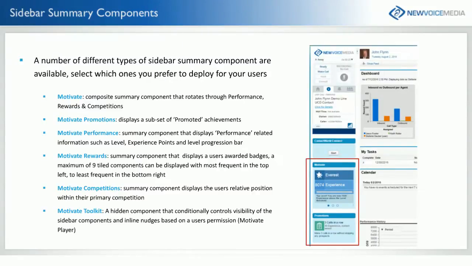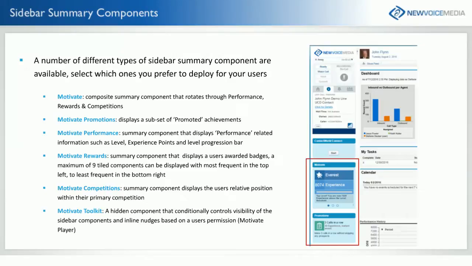There's also a sidebar summary component. Within the overall user interface, the New Voice Media phone contact pad is oriented in the upper left if you're in a classic view of Salesforce. And right underneath there are some of the summary items for the Motivate behavioral improvement program. So things like, what is their overall level?